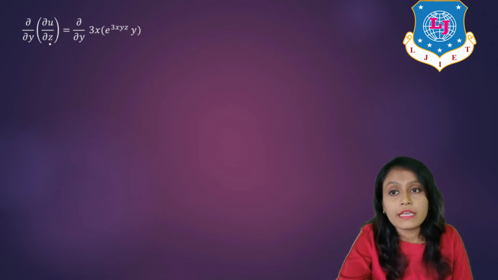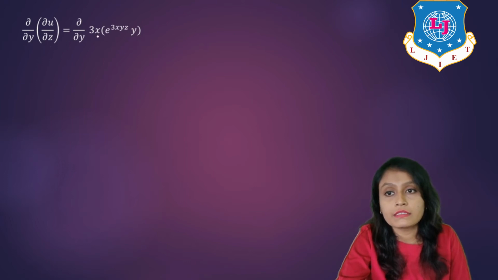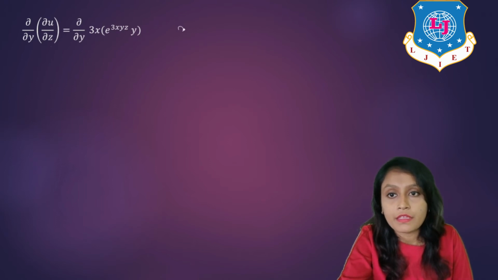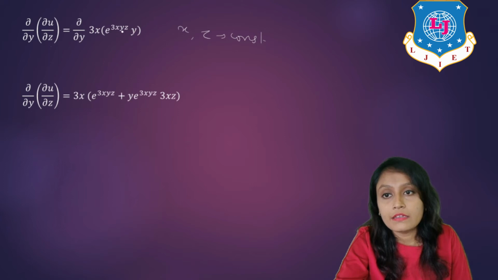Now we have to take the derivative of this ∂u/∂z with respect to y. So ∂u/∂z, just write down here, that is 3x into e raised to 3xyz into y. Now here we have to take the derivative with respect to y, so x and z will remain constant. Here we have y here also and here, so we will apply the uv rule.